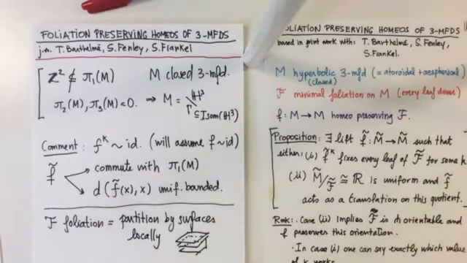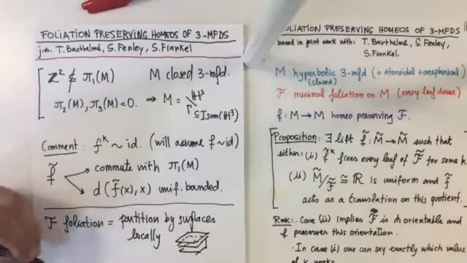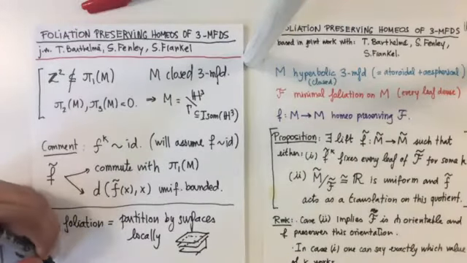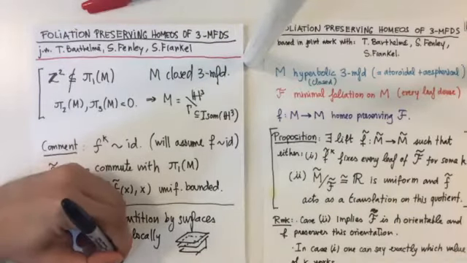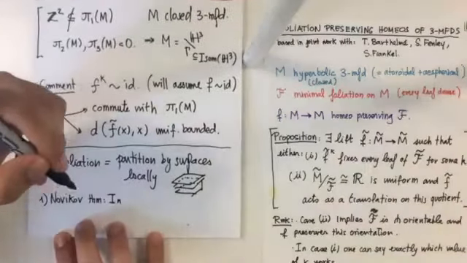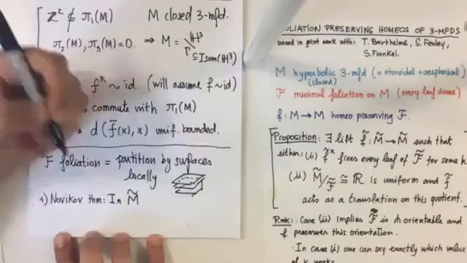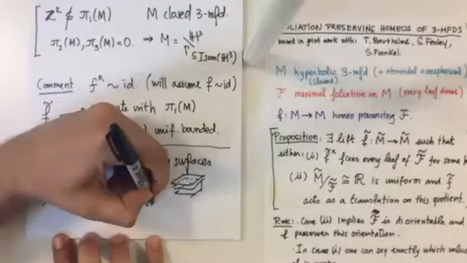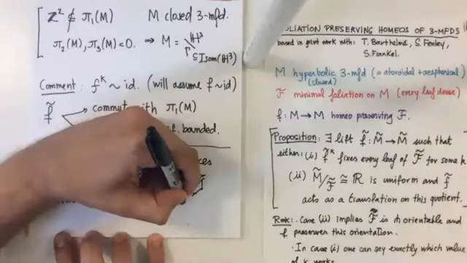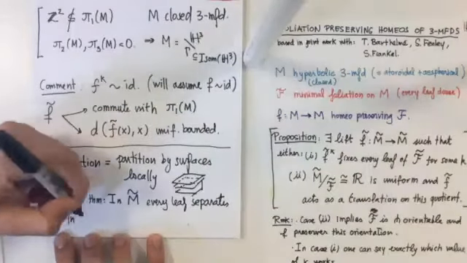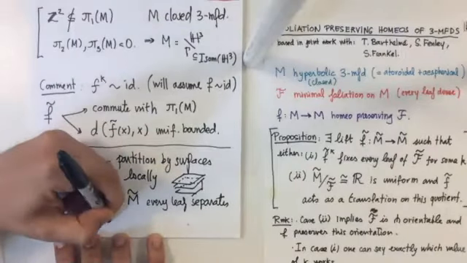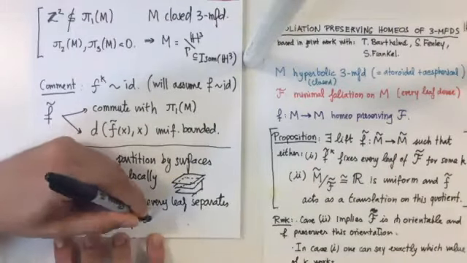And one important consequence of this, there are two important consequences. So the first one is via what's called Novikov's theorem. It implies that in the universal cover, every leaf separates into half spaces. This I will come back to.